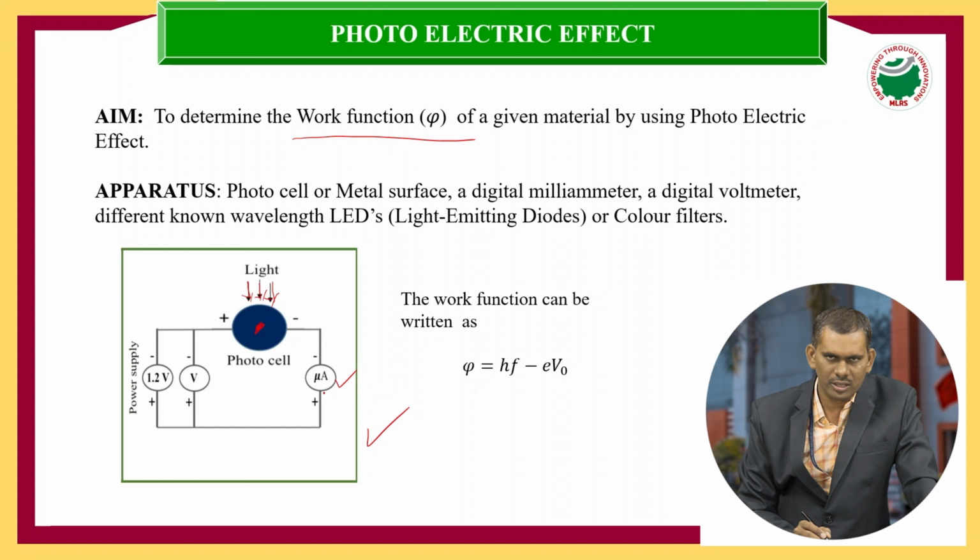In this microammeter you can check how much current is generated by making a certain intensity of light incident on it. Also, there is a voltmeter connected in this circuit diagram. By using this voltmeter we are going to supply voltage to the photocell, so by application of voltage, how does the generated current change?